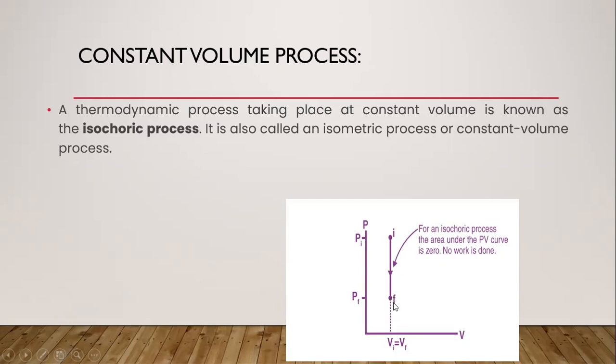So P1 and P2 are different. It is not a constant, whereas V1 equal to V2, initial volume equal to final volume, is maintained as the constant variable. The constraint is P1 is not equal to P2.